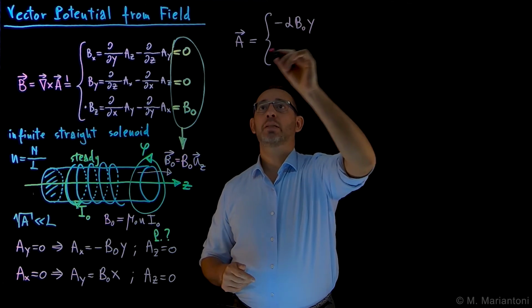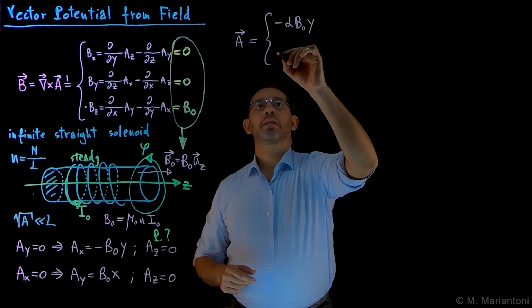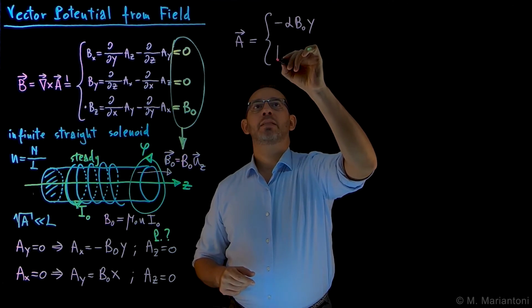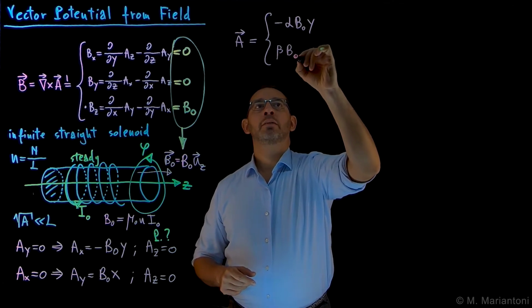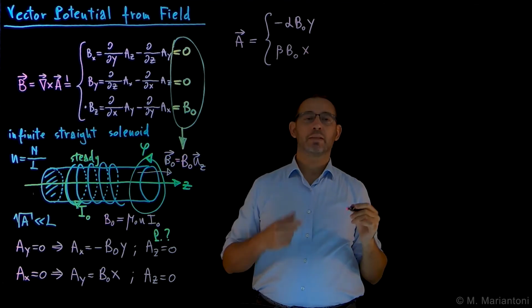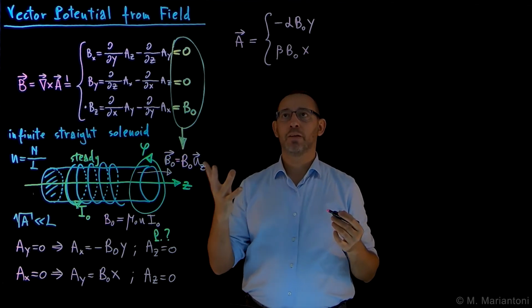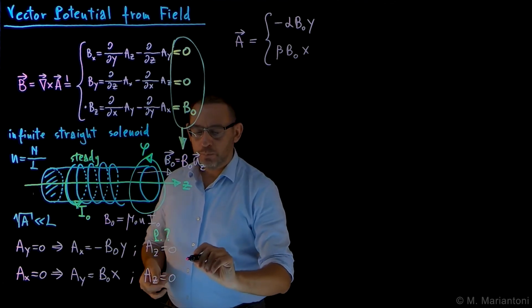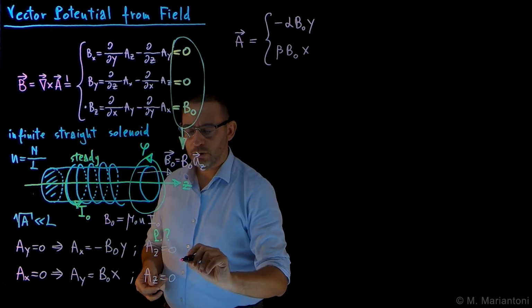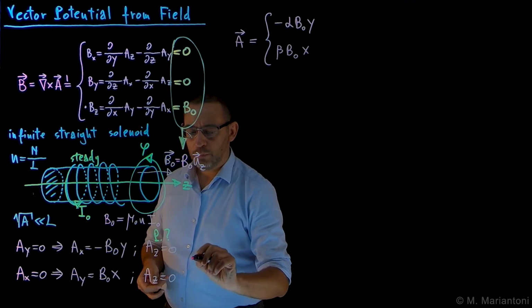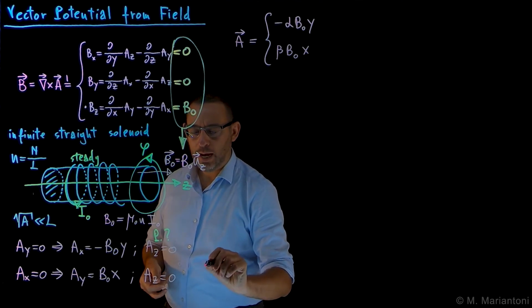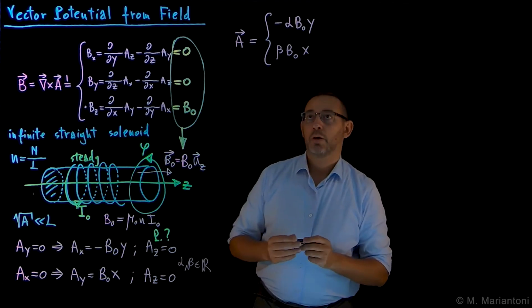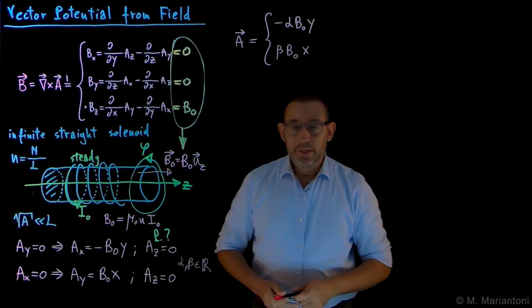This is the x component of A. And the other component is the y component, which is plus beta B naught x. So these are the two components of this field, where alpha and beta are two constants. I'm doing linear superposition, so I will assume that alpha, beta are in capital R. Great, so this is linear superposition.